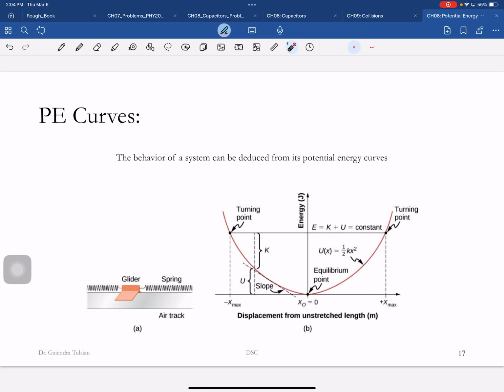At this point, the potential energy is high. If the object is moved to the right, the potential energy is high. In fact, this will be a parabola. So when you're on the left, the force is to the right, and when you're on the right, the force is to the left.